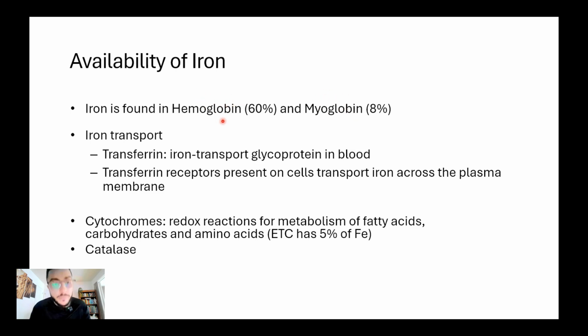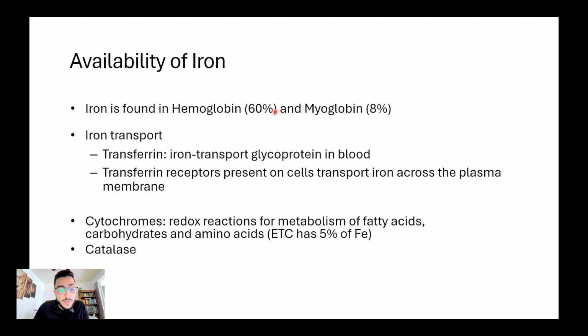But hemoglobin carries 4 molecules of oxygen compared to myoglobin, which has only one oxygen-carrying center. Myoglobin is found in the muscles, while hemoglobin is found in the blood, because these are the two major components of the body that require oxygen in huge amounts. So that's 68% of the total iron.